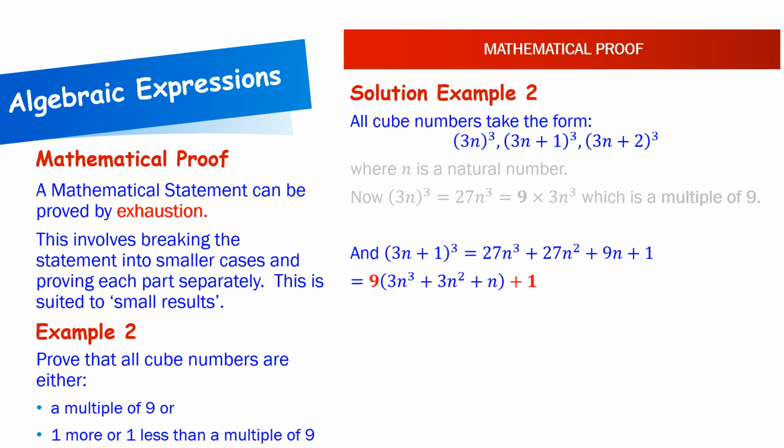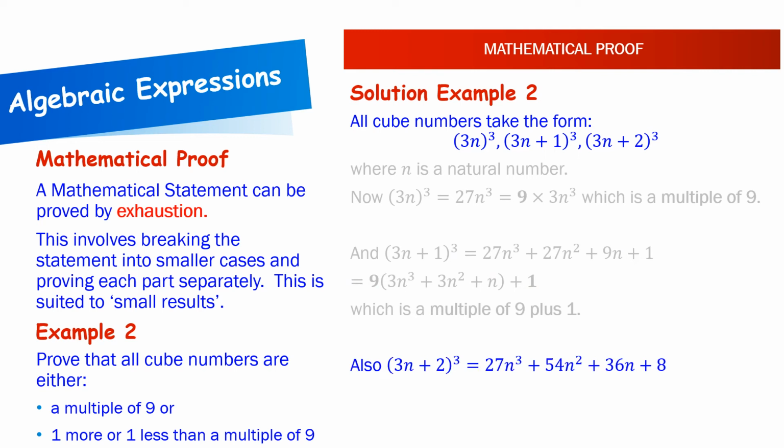And if we factorize it in the form we want, which is 9 times a whole number plus 1, then we can show that this is actually of the form 9 times something plus 1 more. So this is a number which is a multiple of 9 plus 1.